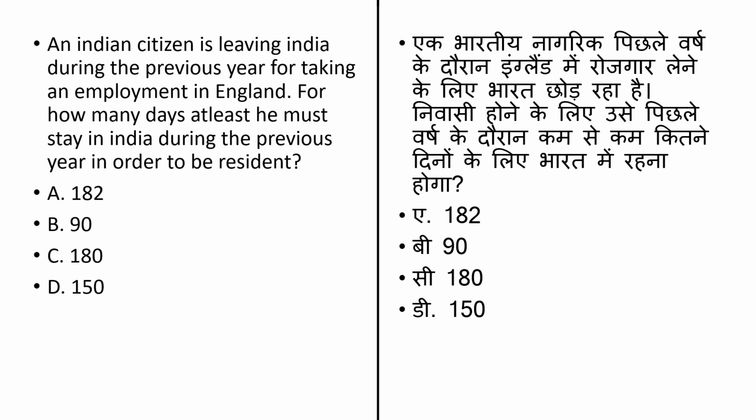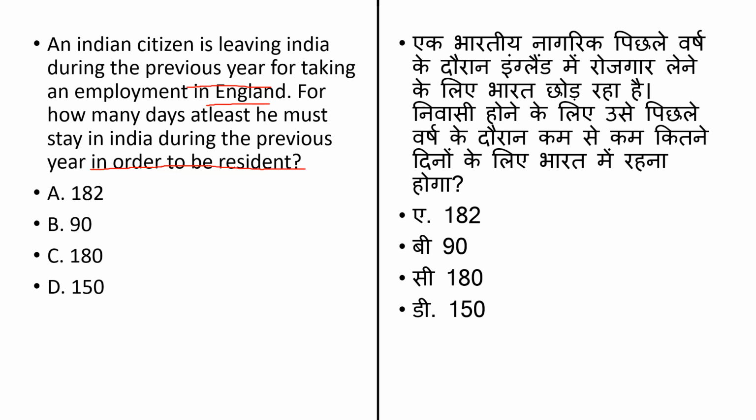An Indian citizen is living in India during the previous year and leaves for taking an employment in England. For how many days at least must he stay in India during the previous year in order to be a resident? If I am living in India for any purpose, and to get a resident status in India, how many days do I have to stay in India?